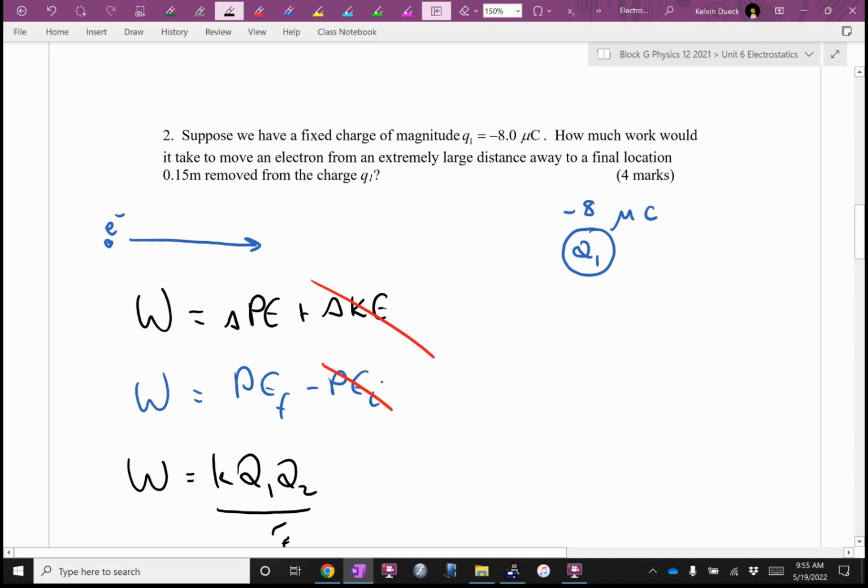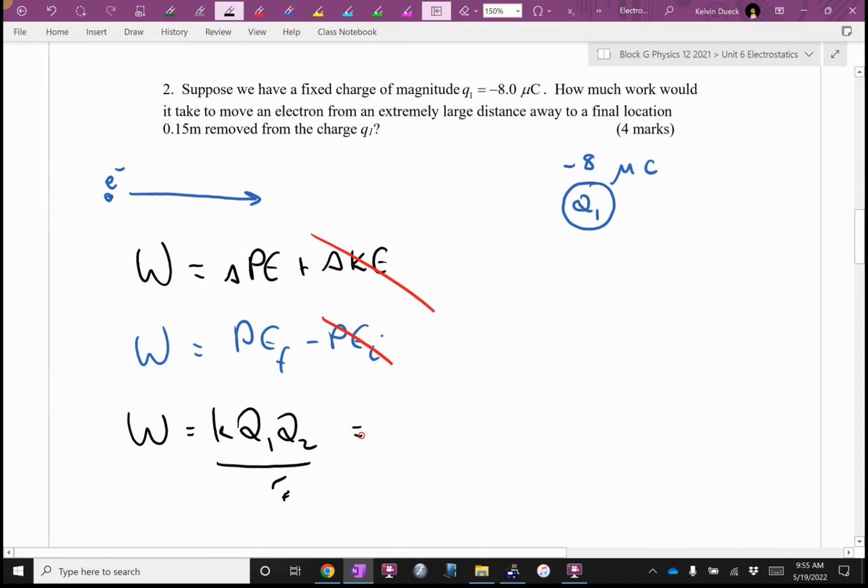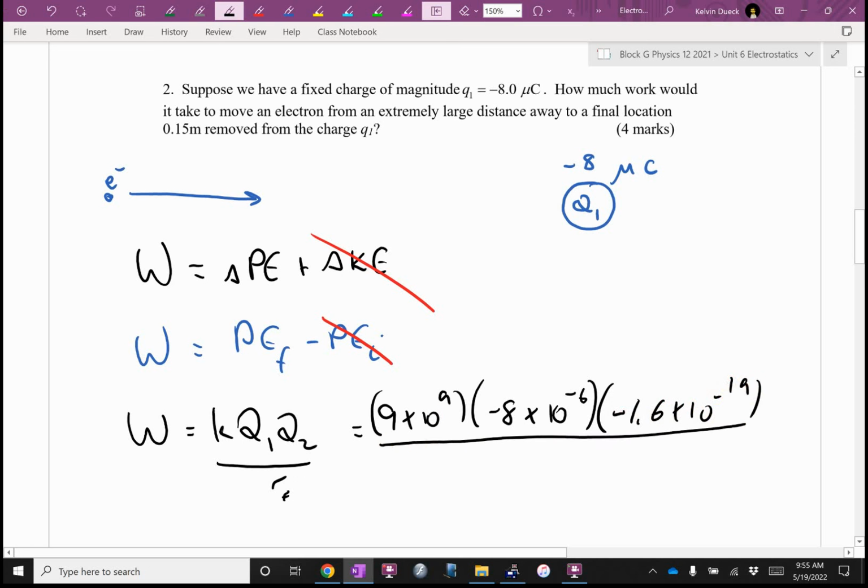Final. It's going to be K, 9 times 10 to the 9th, Q1, negative 8 microcoulombs, Q2, it's an electron, negative 1.6 times 10 to the negative 19, all divided by 0.15.